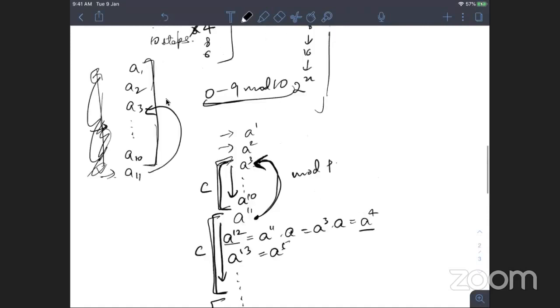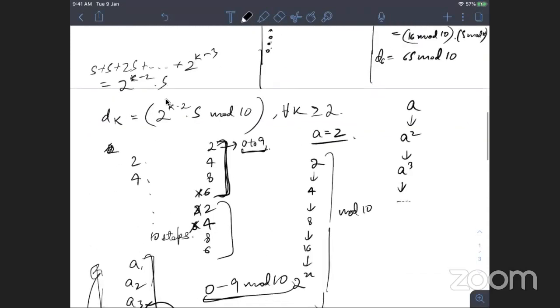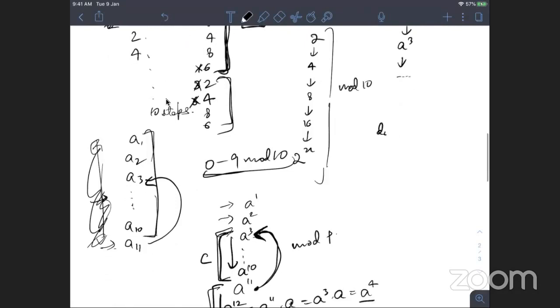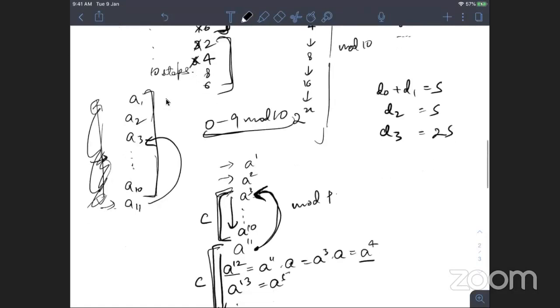So in this question, we got this expression, and we saw that it cycles like this. The first value was D0 plus D1, which is equal to S. The next value was D2, which is equal to S. The next value was D3, which is equal to 2S. Then D4, which is 4S. Then D5, which is 8S. Then D6, which is 6S.